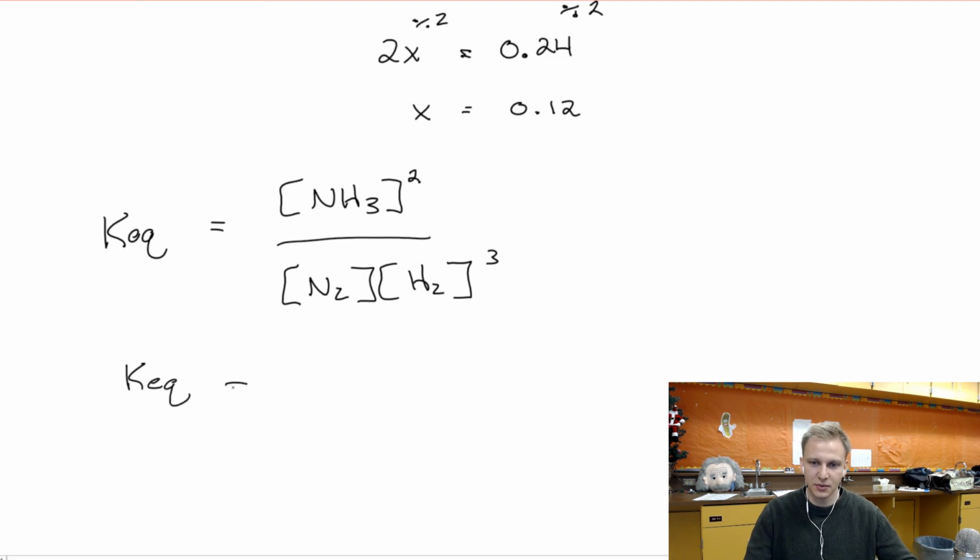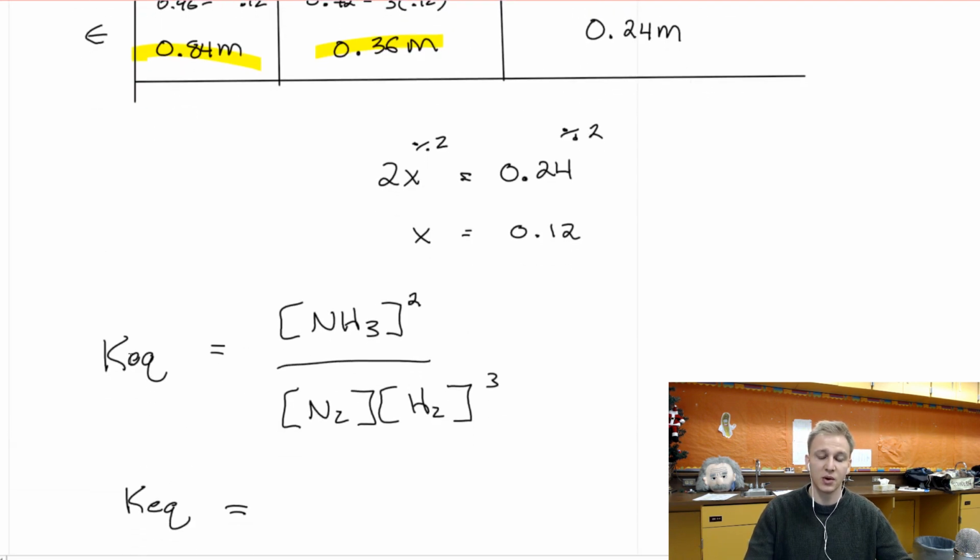So the reason that we needed to solve for those numbers was that we want to find the equilibrium constant. In order to do that, we need to have the concentrations at equilibrium. And so we can plug in these numbers here, and we'll plug in the 0.24 squared up top, put brackets around that.